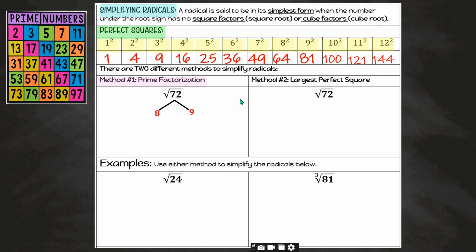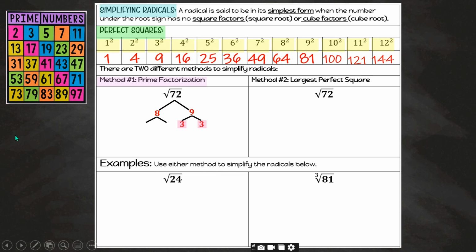Now I need to break 9 down into its factors. Well, 2 numbers that multiply to give me 9 are 3 and 3. Those are prime numbers, so I can stop there on that side of my factor tree.